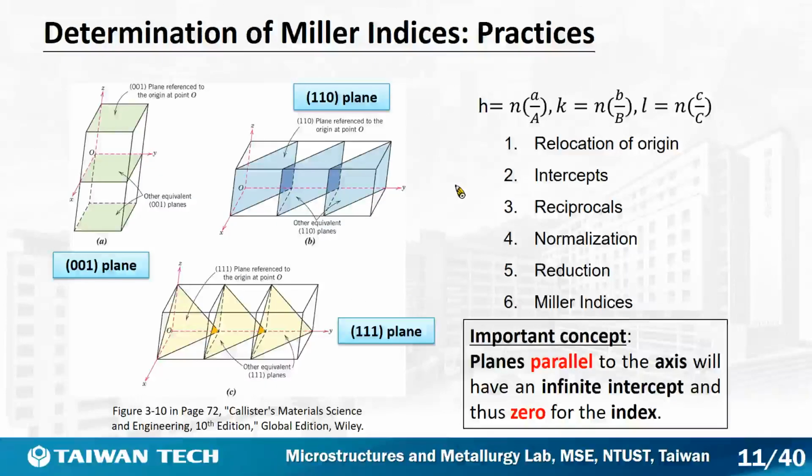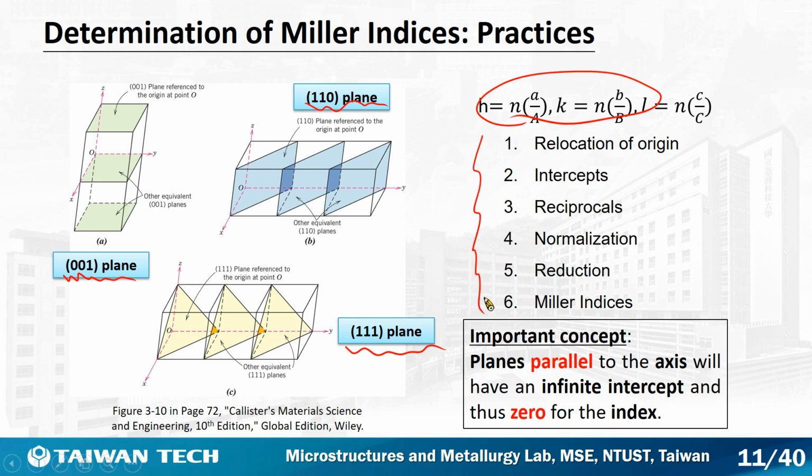Okay, let's move on to some practice for the determination of Miller indices. And we have 3 different planes. This one is the 001 plane, and this is the 110 plane. This is the 111 plane. Let's try to use this equation and these steps to determine Miller indices. So first, let's assume that we have our plane for this one.